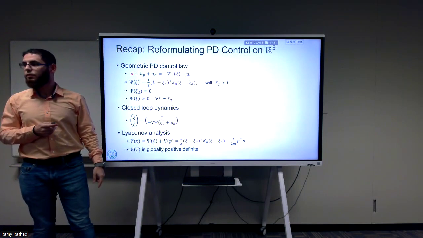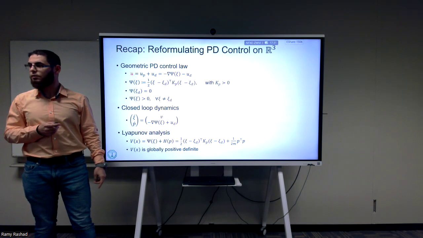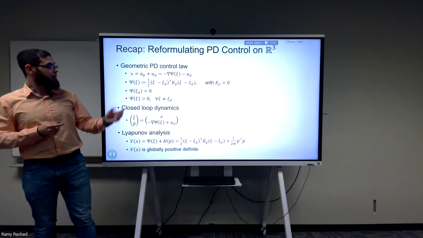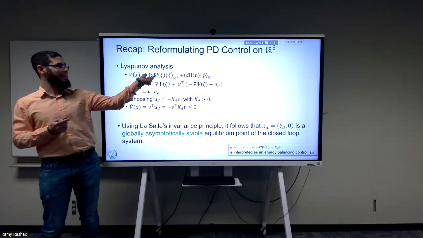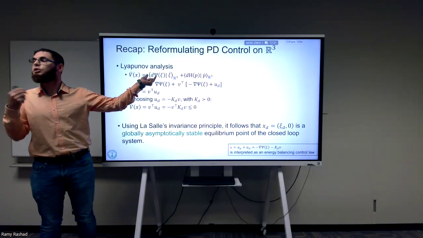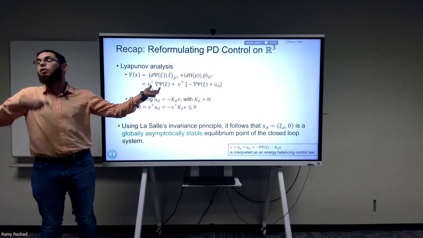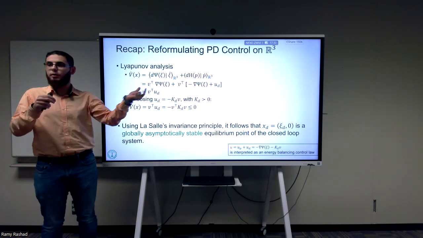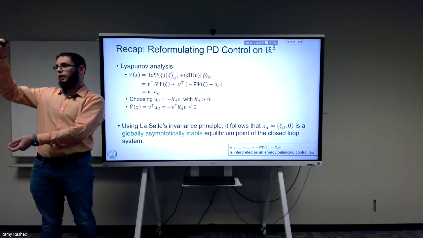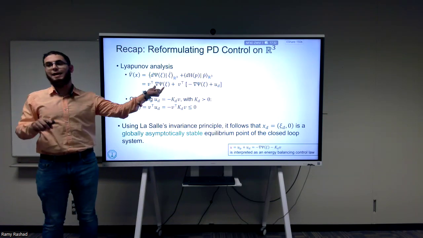In this you discussed that gradient is a covector. Yes, good question. So the D of psi, the differential of psi, is the covector. And you can always take a row vector and write it as a column vector. This is what you know as the gradient.